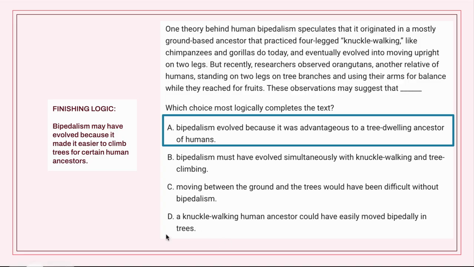We're not talking about whether knuckle walkers themselves could become bipedal in the tree. So that's off topic. The topic is how bipedalism evolved in humans and where that came from. And A does that best: bipedalism evolved because it was advantageous to a tree-dwelling ancestor of humans. That's the most obvious and logical conclusion. I think all of the others are a little complicated and just not as direct as A. So that's why A is going to be your best answer.